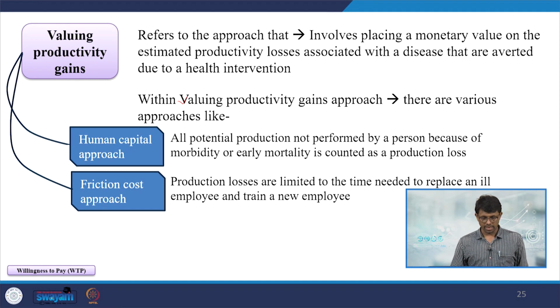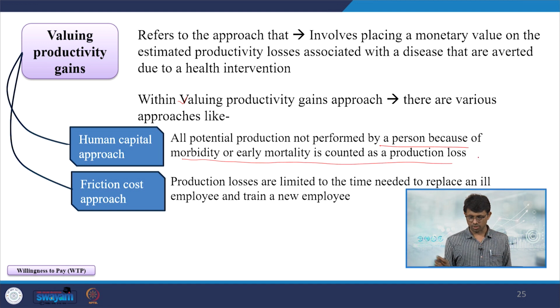In case of human capital, all the potential production not performed by a person because of morbidity or early mortality is counted as a production loss. And friction cost means production losses are limited to the time needed to replace an ill employee.